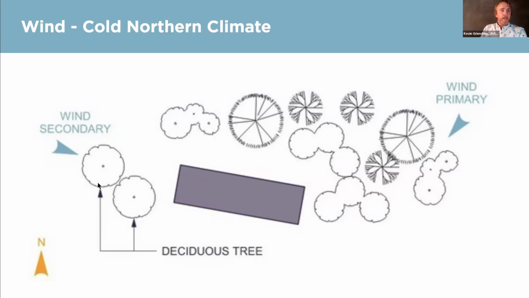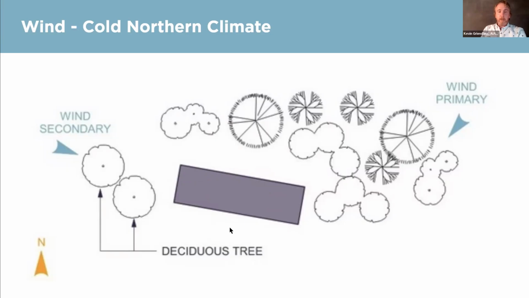And then on the left-hand side, we have the secondary wind direction coming in from the west. We just block that with some deciduous trees, because it depends on what type of tree or blockade we want at what time of year. In the winter, that's going to allow some sun and some wind in, but you're going to have some evergreen trees over here to help block the winter wind that's coming in from the primary direction.